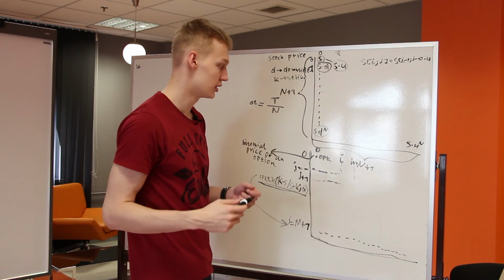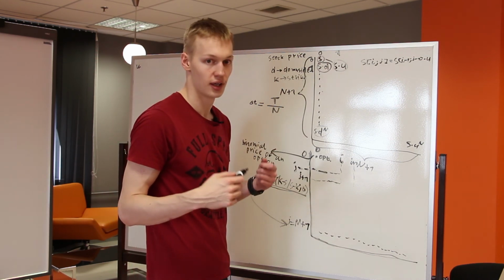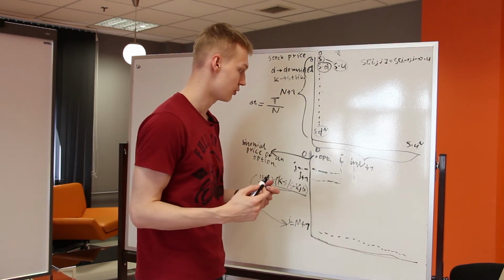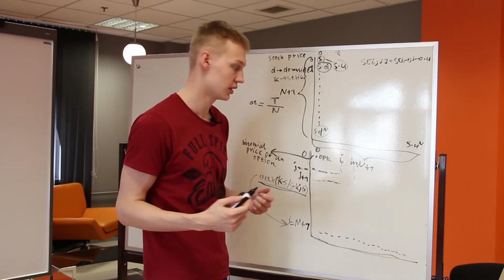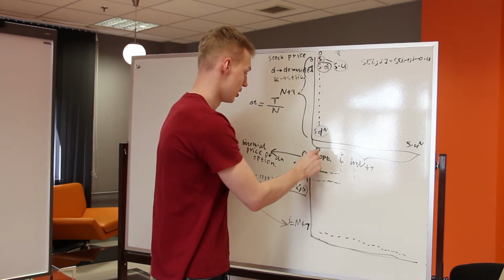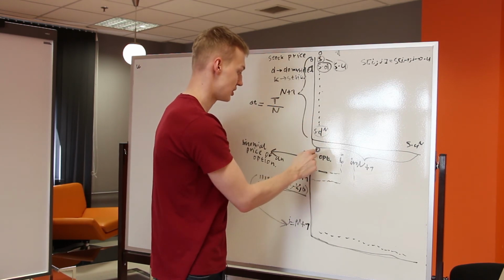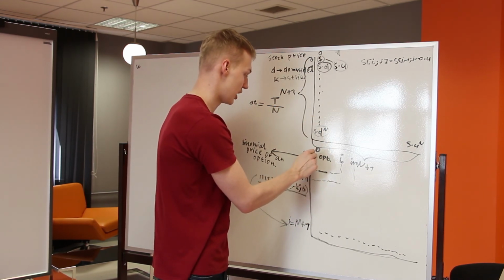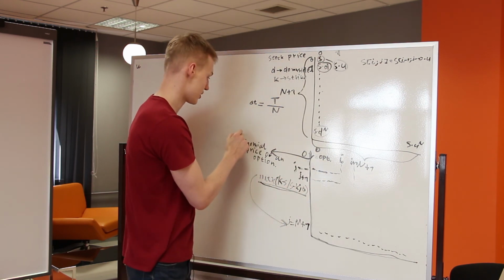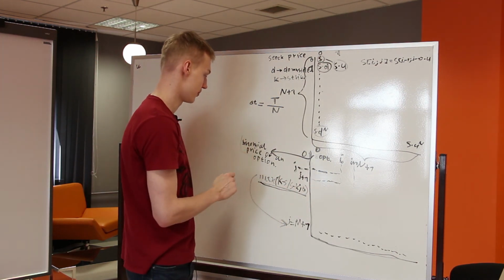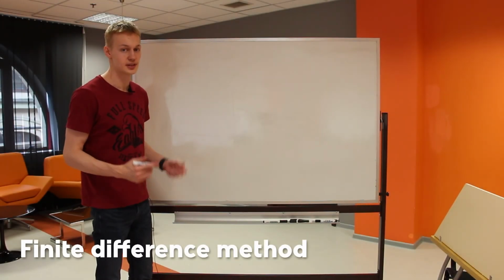Also, we calculate it with the use of the binomial model formula for the American option price. So this is the algorithm for filling these two matrices, and we will obtain the final price for an American option, which will give us the binomial price. Let's proceed to the finite difference method.